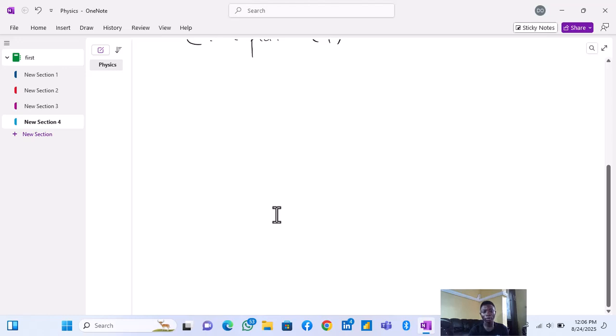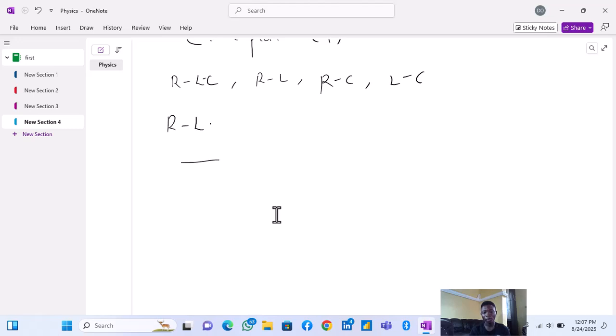We spoke about the different types of combination we can have. We can have the RLC, the RL, the RC, and the LC combination. I'll just draw them again. For the RL combination, for instance, you have the resistor and the inductor together.